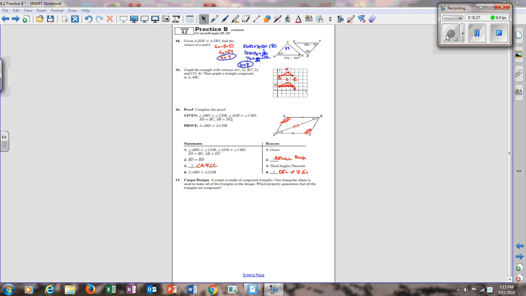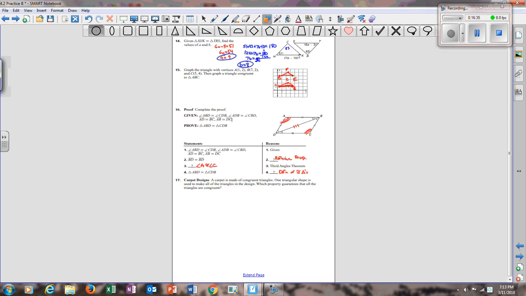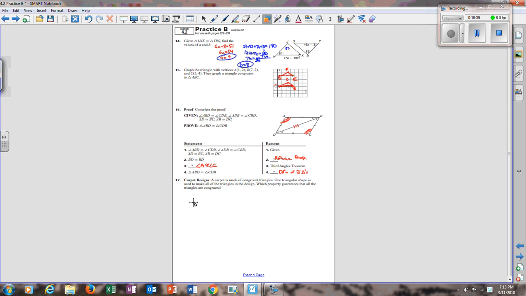So I had to exit out of my full screen mode here to kind of illustrate this, but if we have triangles, okay, and it says one shape is used to make all the shapes in the design.